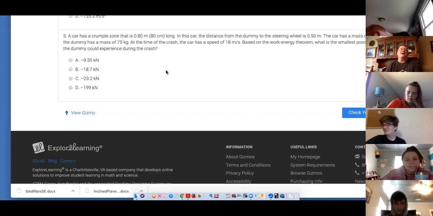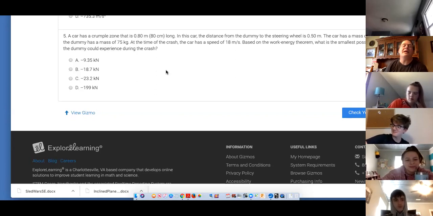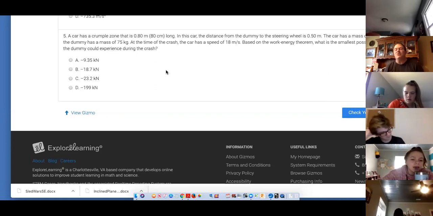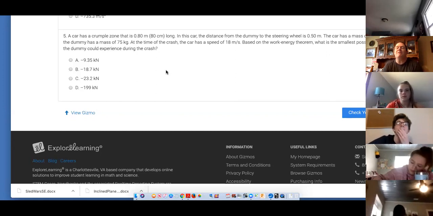You're welcome. Okay, a car has a crumple zone that is 0.8 meters long, from the fender to where the dummy is sitting. The distance from the dummy to the steering wheel is 0.5.